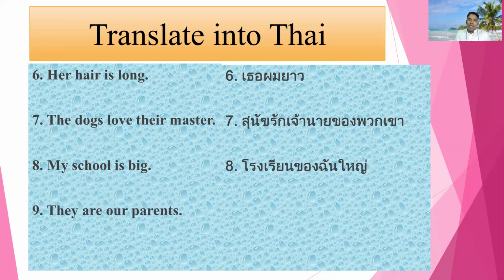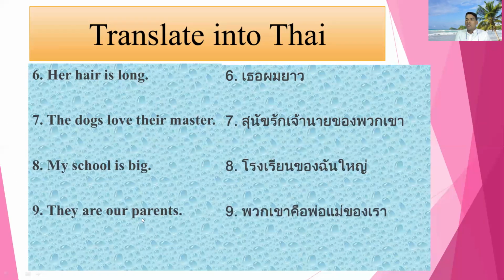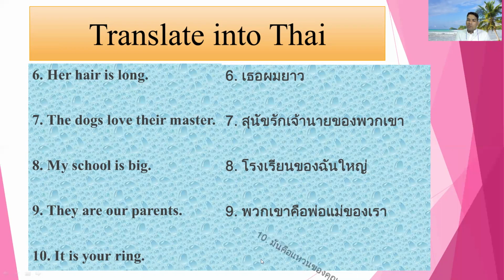Number 9, they are our parents. "Our parents" is a possessive adjective, and I have written the Thai also. Number 10, it is your ring. So it is a possessive adjective, and I have written the Thai language for you also.